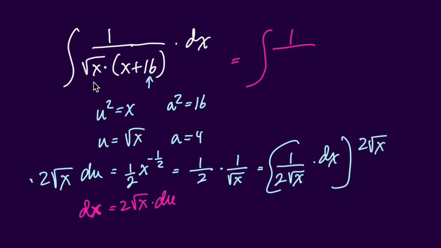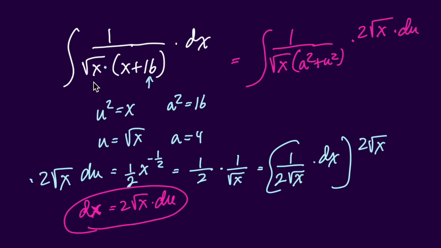We're going to have 1 over the square root of x times a squared plus u squared times what used to be dx, which is 2 radical x du. That used to be dx right there. Okay, now the square root of x's are going to cancel out.